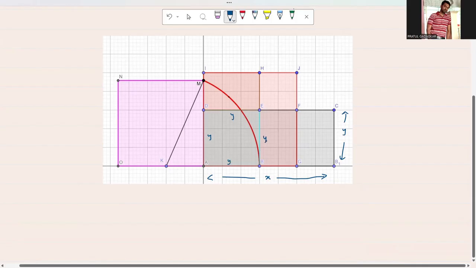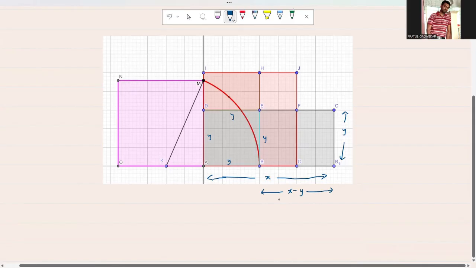Correct? So what is this distance B1? B1 will be x minus y, because this total distance is x and out of which AB is y. So the remaining distance is how much?